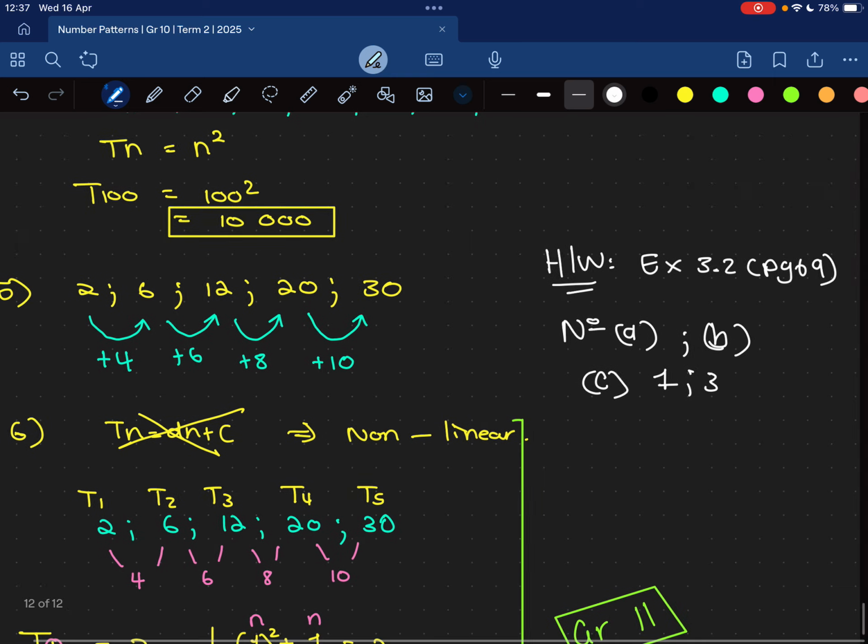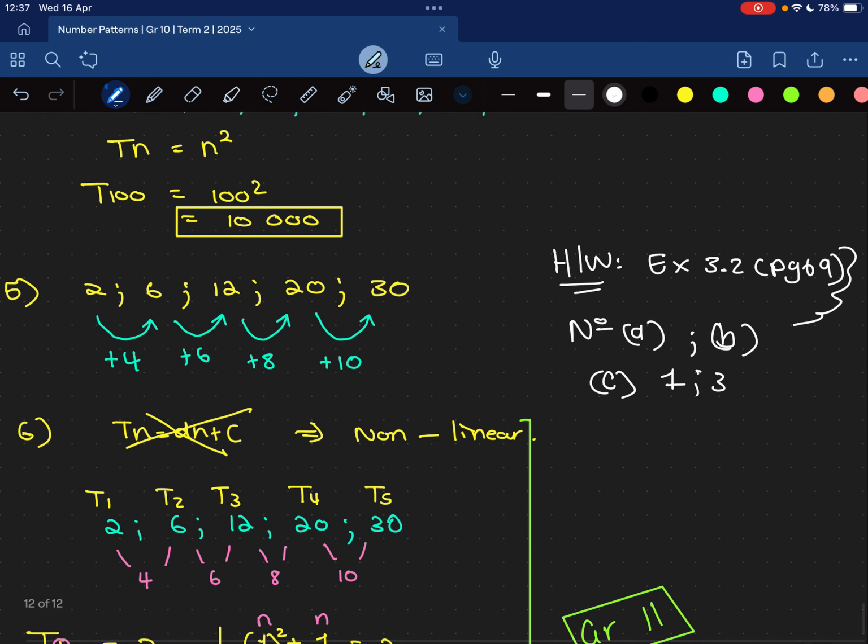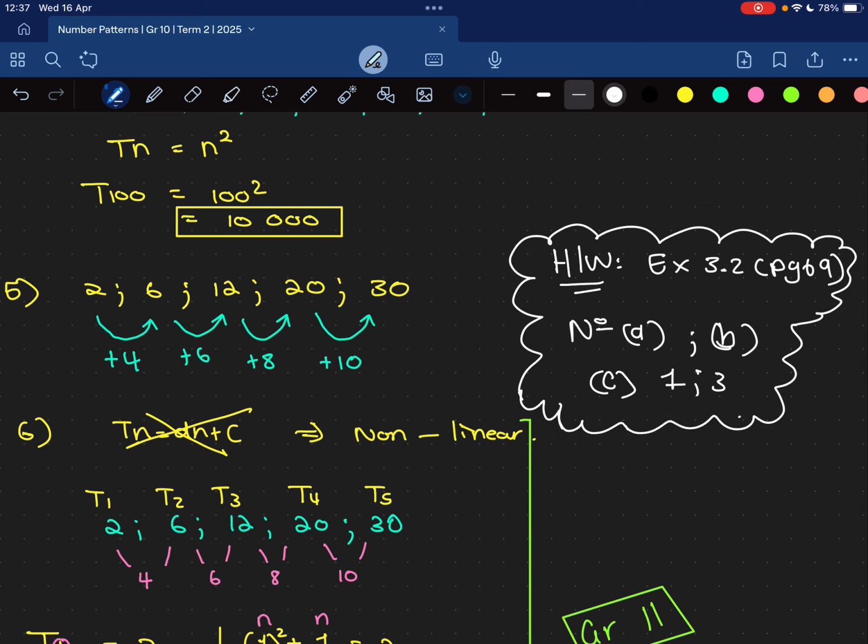And that's it. Okay, so I've just given you exercises from this particular exercise that you could potentially be asked. So I don't really recommend doing anything else because it's not something that I'm looking at testing right now. But definitely A, B, C, 1 and 3 is something that I would put inside the exam or cycle or something like that. Okay, so just make sure that you go over those questions.